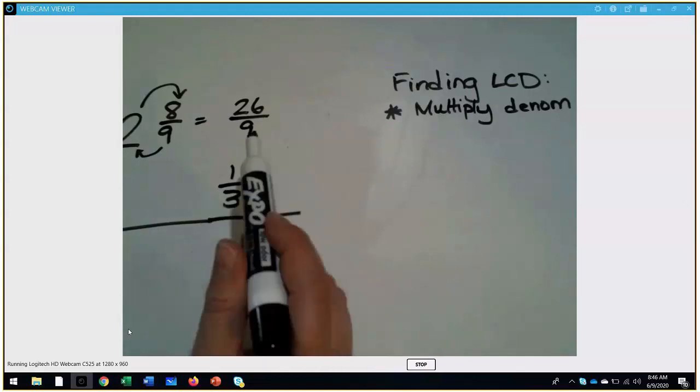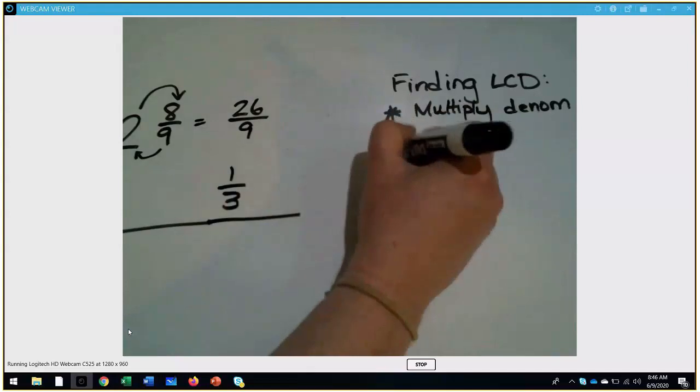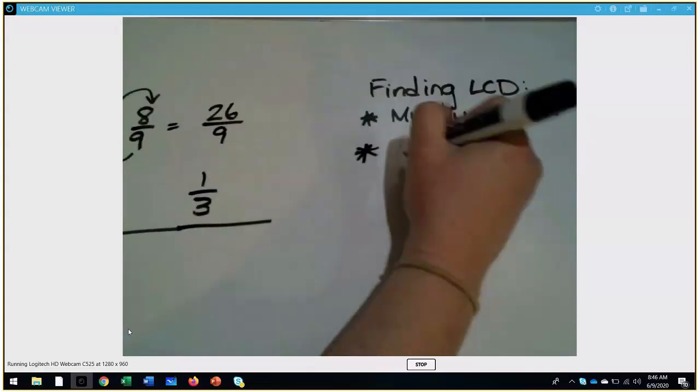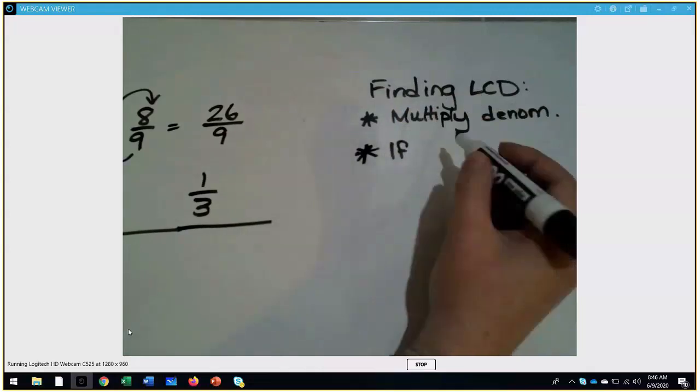But here's a case now where a different method might work better. So I'm going to jot it down and then I'll explain it.